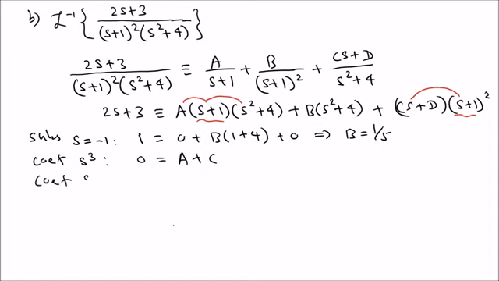Okay, coefficient of s. It is 2 on this side. On the other side, from the first term the coefficient of s is 4a, and from the second one there's no term, so that's easy. From the last one, let's expand this. If you expand s plus 1 squared, it is s squared plus 2s plus 1. So what is the coefficient of s?